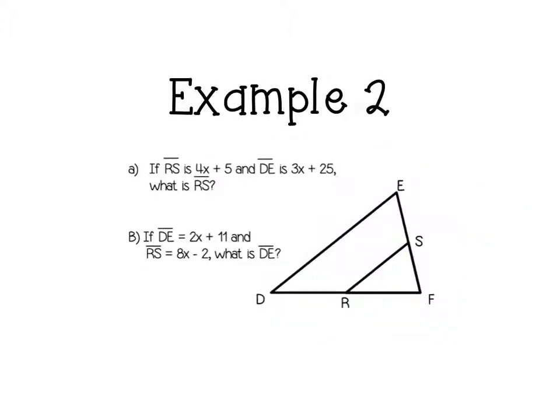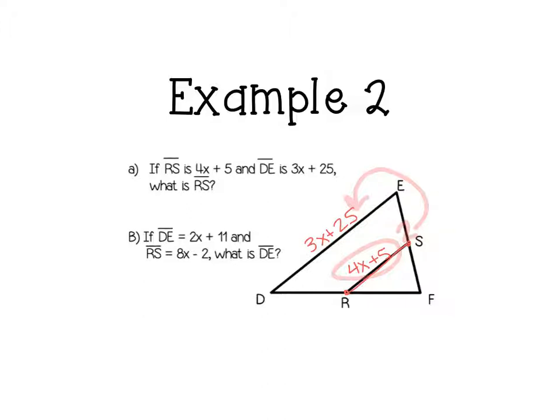All right, now let's look at example 2. If RS is 4x plus 5 and DE is 3x plus 25, what is the measure of RS? So we're going to have to solve for x first. And remember that because this is a midsegment, you need 2 of these to make 1 of these.